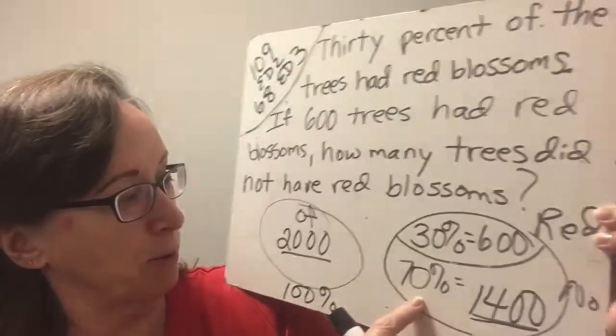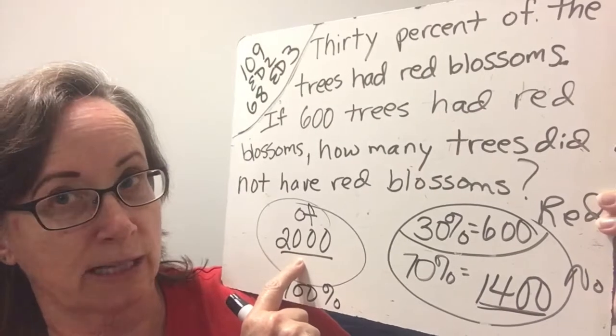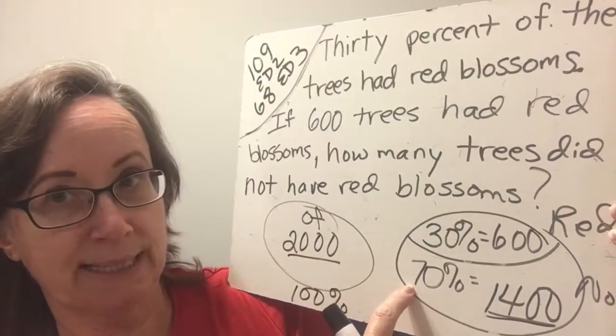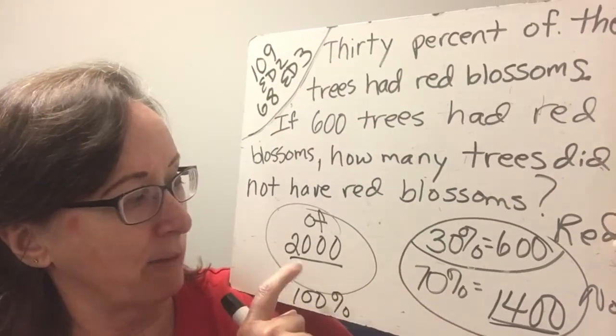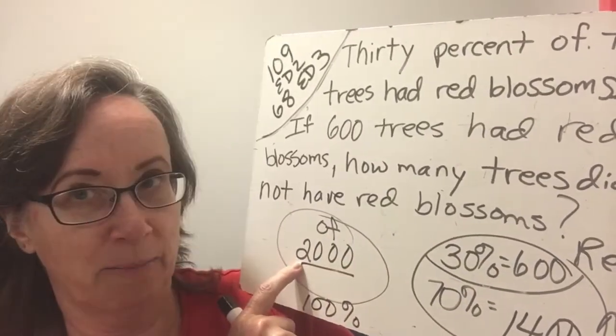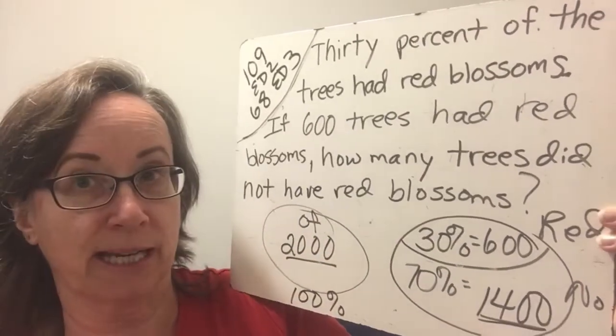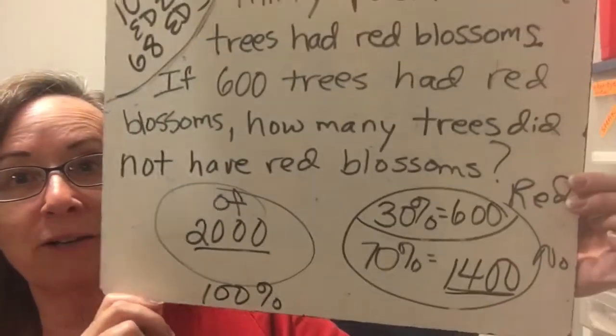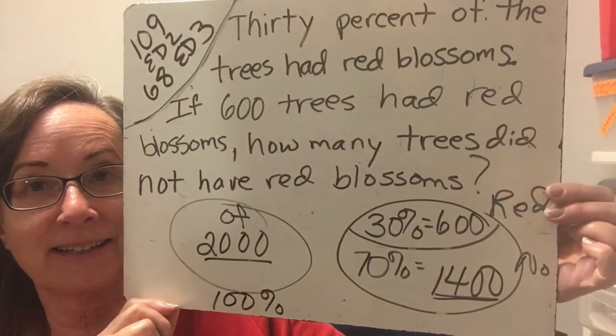So 70% of 2,000, remember this is a 0.7, and 0.7 times the 2,000 is going to drop 1 0 and make that a 14. So 1,400 is correct, and 1,400 is our answer.